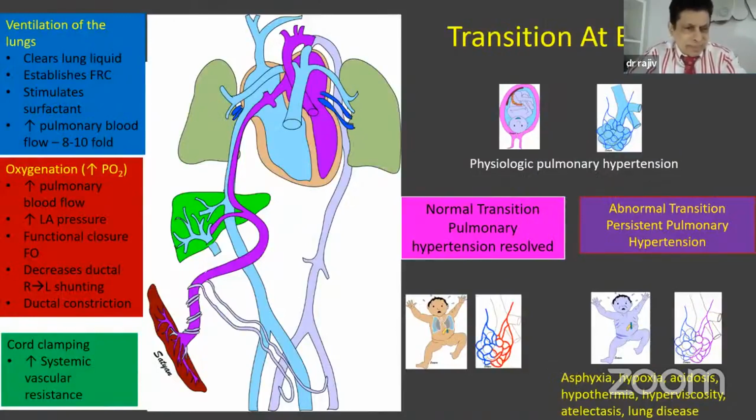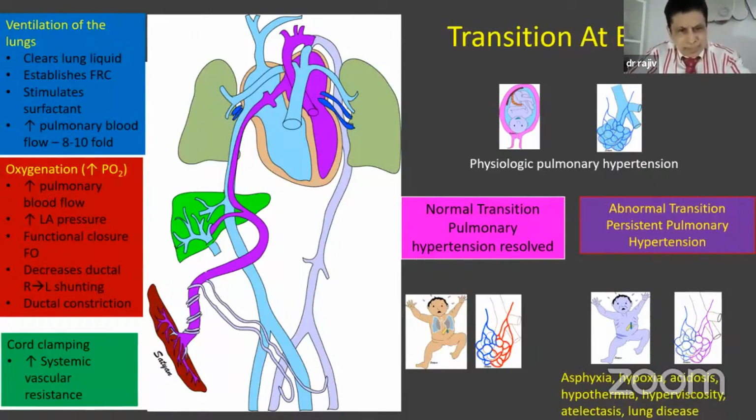This is basic to understanding the physiology of normal transition at birth, in which the first breath recruits the alveoli, followed by improved oxygenation. And as of now, we know the latest about cord clamping from Kataria and group. So the transition, the first few minutes to half an hour, determines a lot of the pulmonary vascular resistance, which fails to drop or to be normalized in that period.